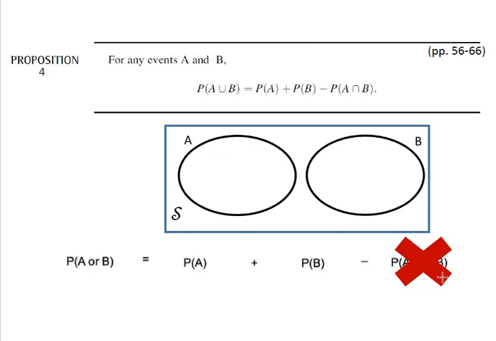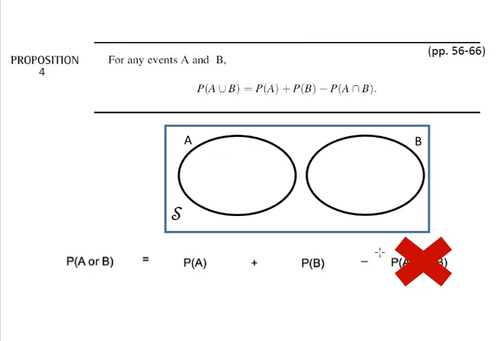All of us know that for disjoint events, A intersection B is empty, and from proposition 1 we know that the probability of null events or empty events is 0.